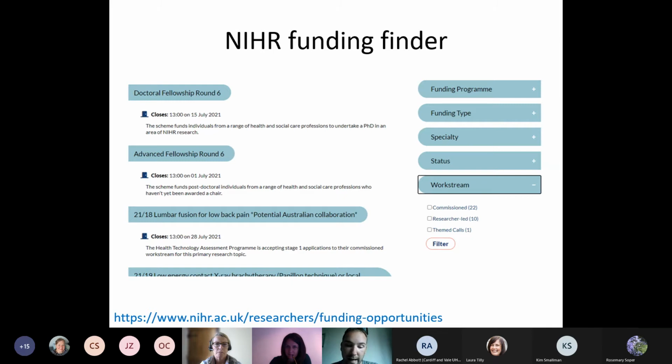What's really helpful is, again, the links at the bottom here. What's really helpful is the funding finder on the NIHR website, where you can search different funding calls, upcoming funding calls, depending on the type of funding, specialty, work streams. So they have researcher-led calls, where you can basically come up with your own idea and submit it. They have themed calls.